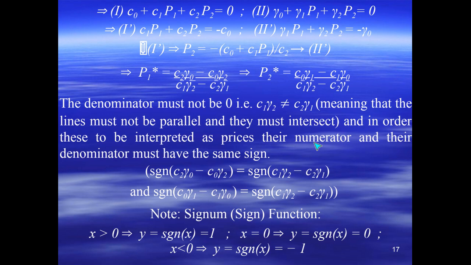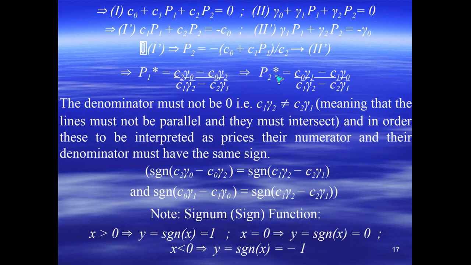So we deem that P1 star and P2 star must be positive, which means their numerators and denominators should have the same sign. If the numerator is negative, the denominator should be negative. If the numerator is positive, the denominator should be positive as well, so that their quotient, their division, would give a positive value for P1 star and P2 star.